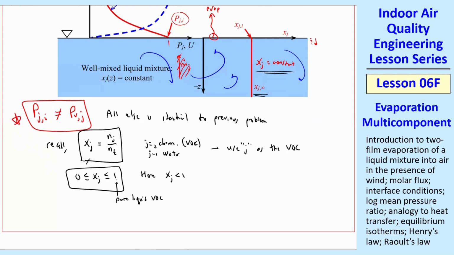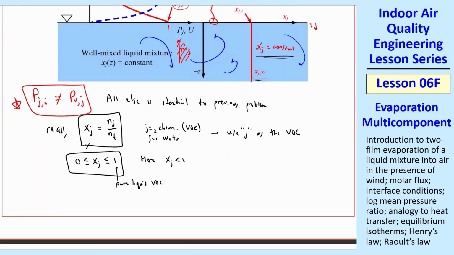Just like there is a PV or a PSAT for vapors, in other words, there's a maximum concentration for vapors in air, and that would be the saturation. There's also a maximum saturated xj for most VOCs, and most chemicals actually. You may remember this from chemistry class.